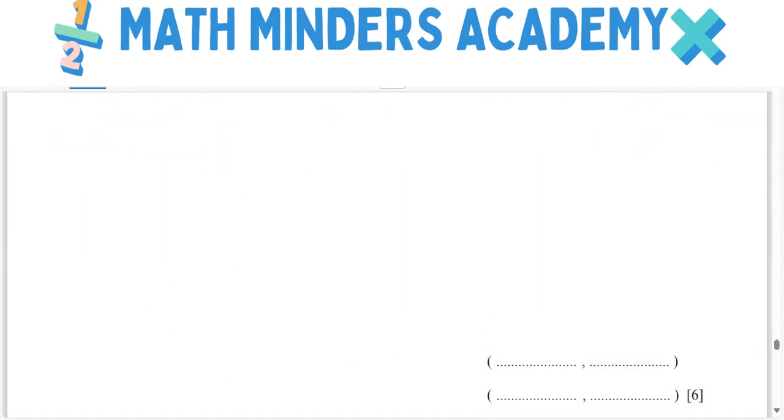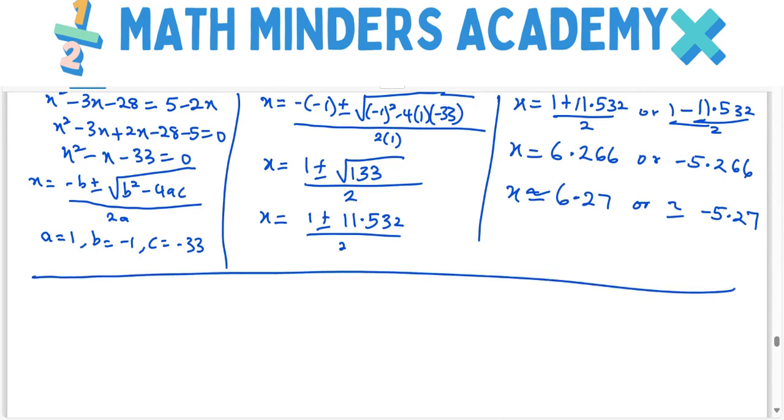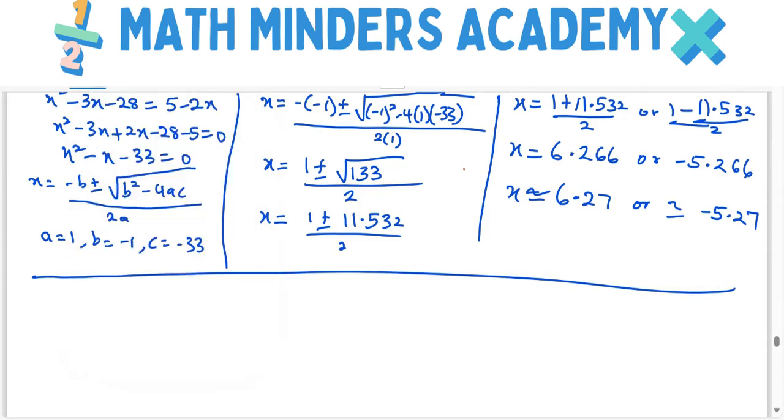But we are not done with this. Those are 2 values of x. We are going to use them to produce the 2 values of y that correspond with them. When x equals 6.27, y is going to be, because look at the value here, y is 5 minus 2x.